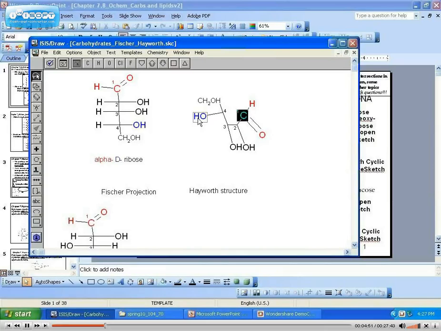This alcohol right here is going to flip around and form a brand new covalent bond with this carbon.